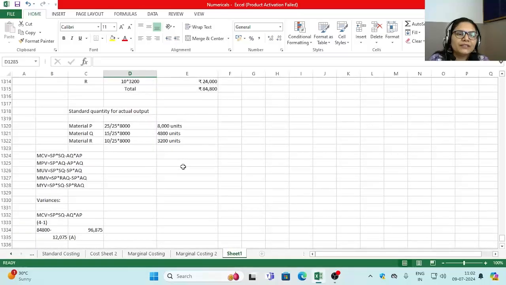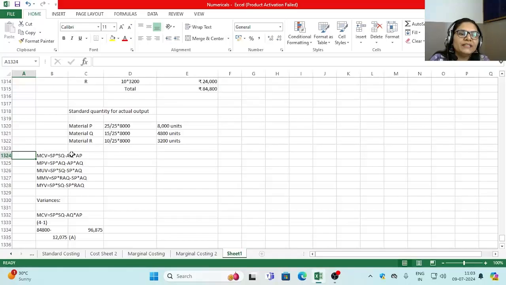Generally, we students get very nervous when it comes to calculation of variances. So first of all, in order to make the calculation easy, write all the formulas you know: material cost variance, price variance, usage variance, mix variance, and yield variance. Now you see what are the common multiplication calculations we need to do.